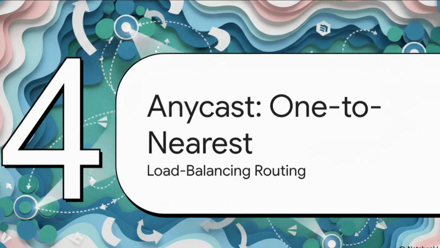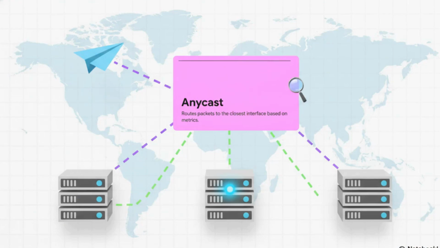Let's look at Section 4, Anycast, our one-to-nearest delivery. Anycast is such a clever concept. It is uniquely designed for one-to-nearest delivery. In this setup, multiple identical interfaces across entirely different physical nodes or servers around the world are assigned the exact same IP address. I know, it sounds crazy, but when a user sends a request to that address, the network doesn't just blast it to all of them.